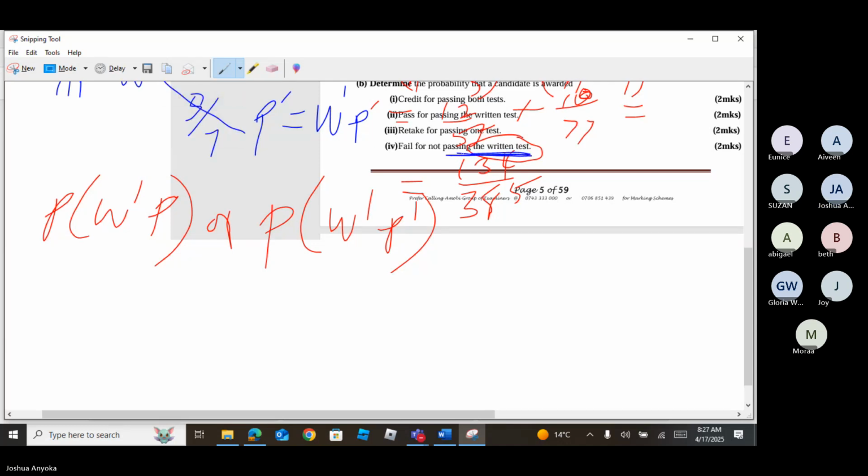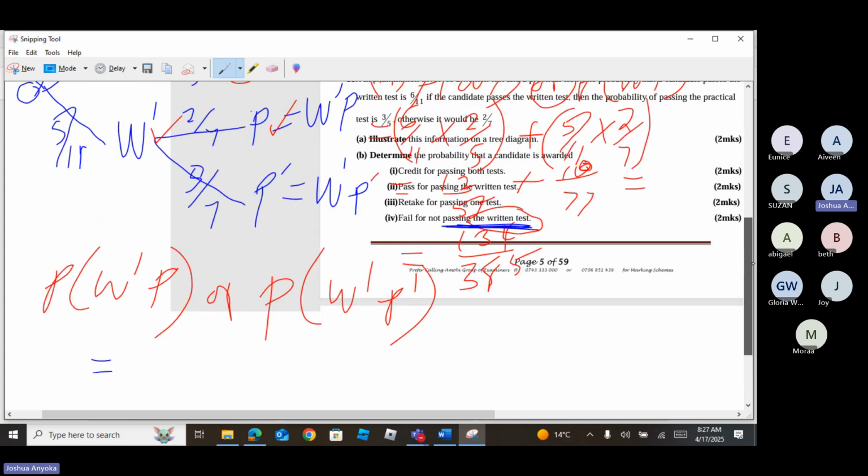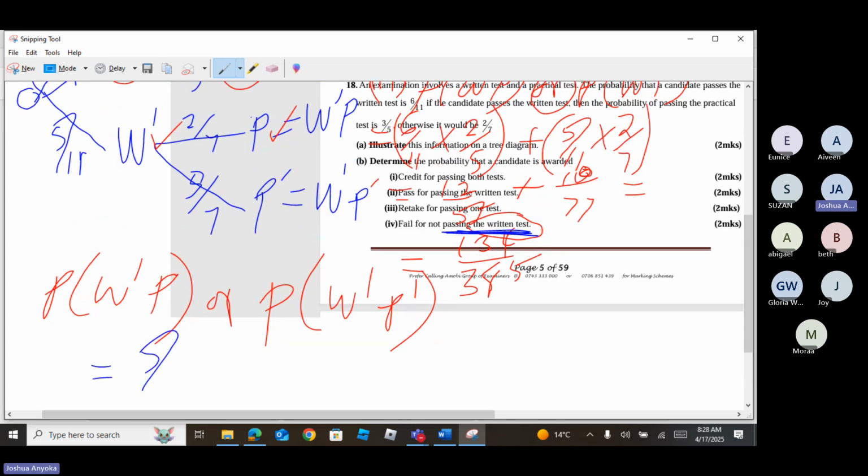This one, a fail for not passing the written test, we multiply the probabilities along the branches. It is 5 over 11 times 2 over 7 plus 5 over 11 times 5 over 7.